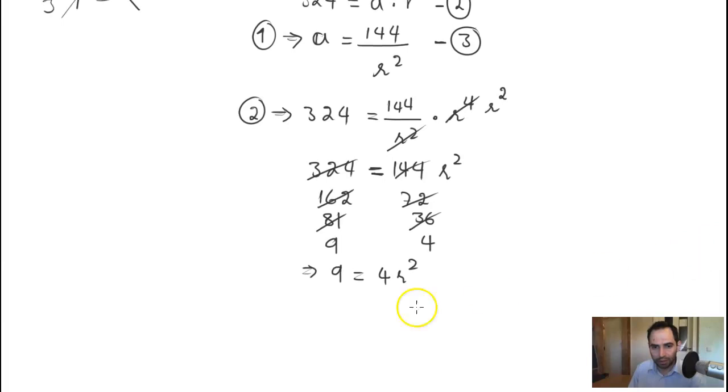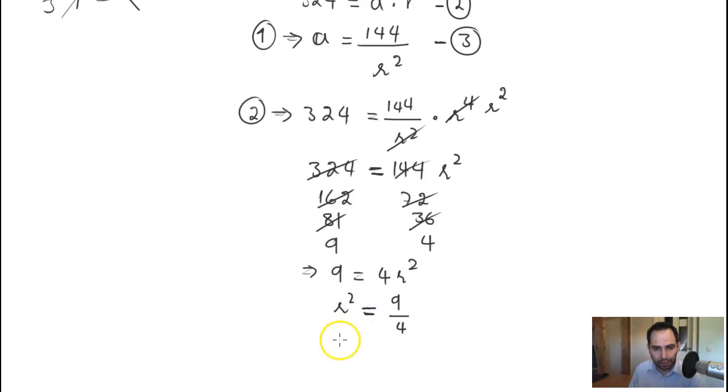And r squared is equal to 9 by 4. Now I can take the square root of both sides of this equation to get rid of the second power of r, to get to the r itself.